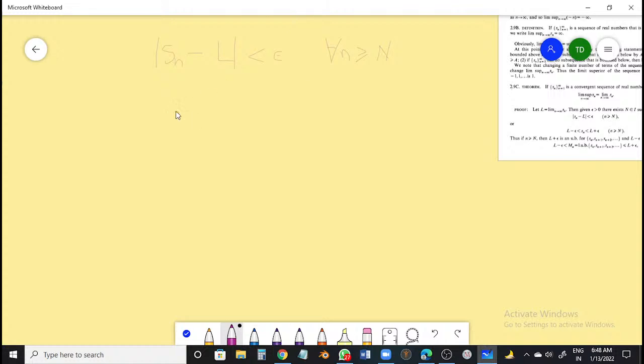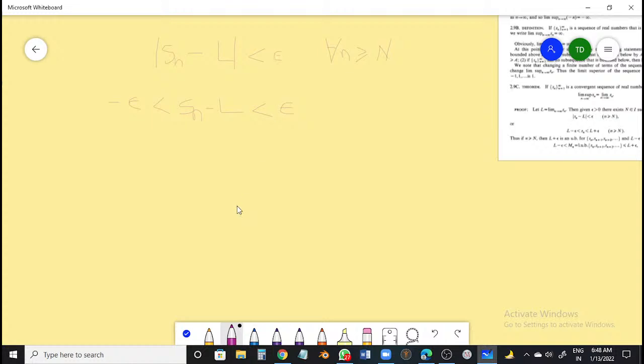Now this statement itself means that Sn minus L lies between minus epsilon to plus epsilon. Writing Sn minus L lies between minus epsilon to plus epsilon itself means that absolute value of Sn minus L is smaller than epsilon.